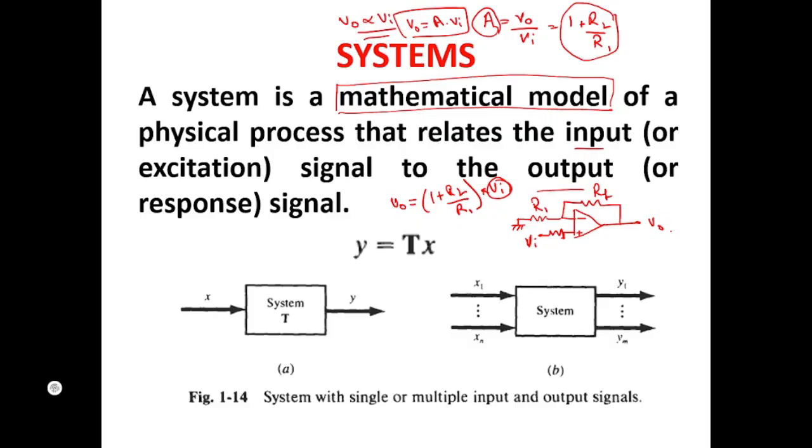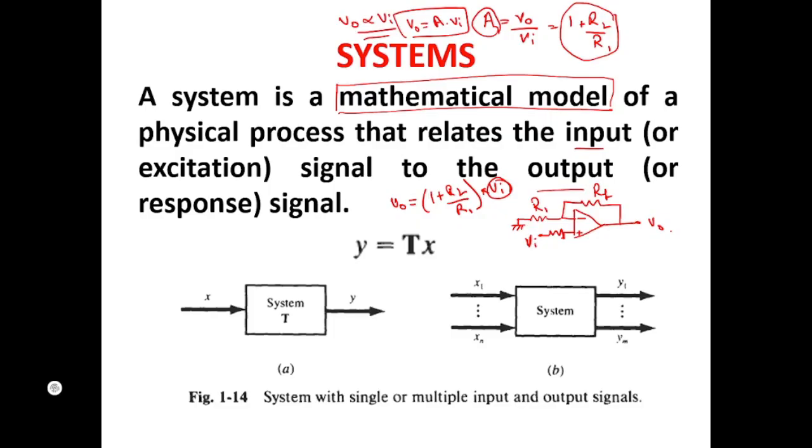It does not depend on the past inputs, as in the case of capacitors. For capacitors, the voltage drop across the capacitor is dependent on the past inputs to the capacitor. But in this case it is not the case. Resistance will not have any memory.